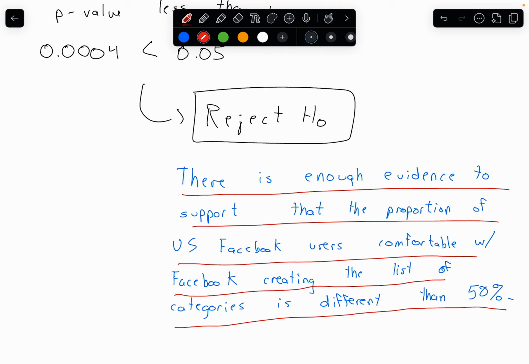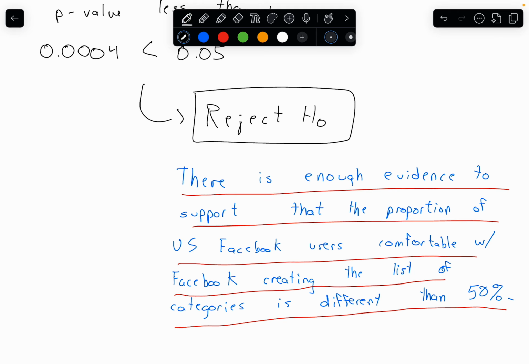Now, we want to be extremely careful with this interpretation of the alternative hypothesis, because there are some changes that you can make and there are some changes that you cannot make. If you want to use this interpretation as a boilerplate fill in the blank statement, it will work for basically every single hypothesis testing question that we look at. But there are some words that I'm going to point out we are not allowed to use.